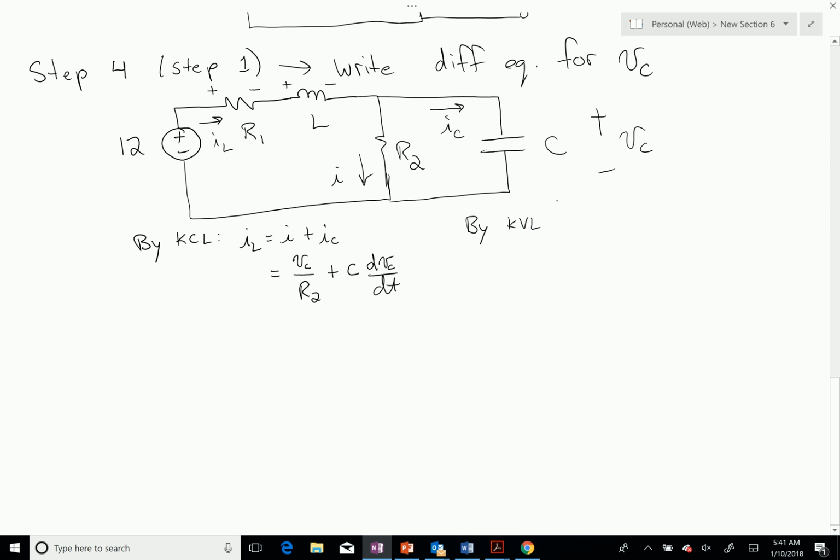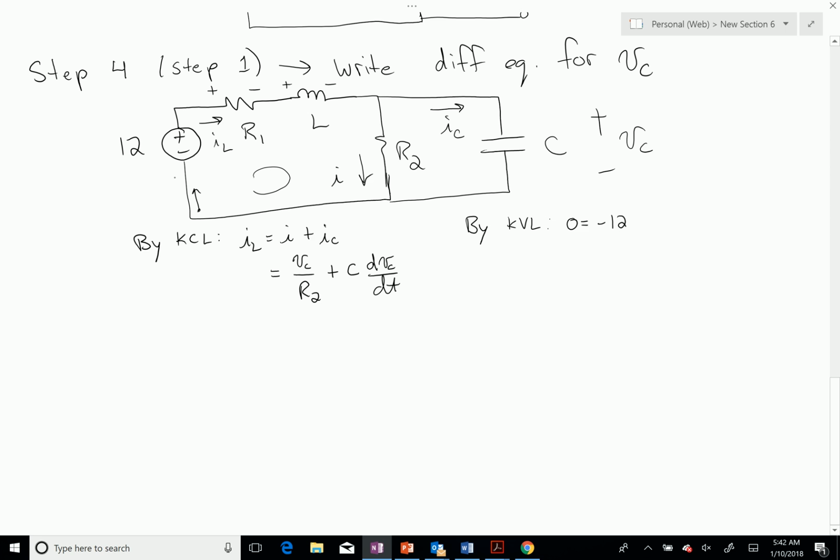Okay. Now by KVL, where am I going to apply KVL? I'm going to apply it around this loop here. Again, I'm always very slow with my KVLs. So I do this as 0 equals minus 12. I start in this corner and I go up, so I always work in that direction, sort of a clockwise direction.